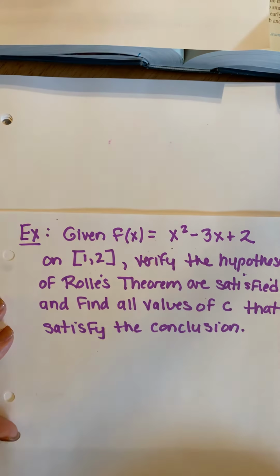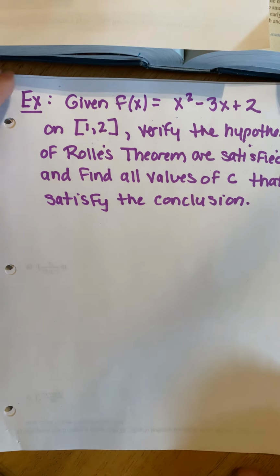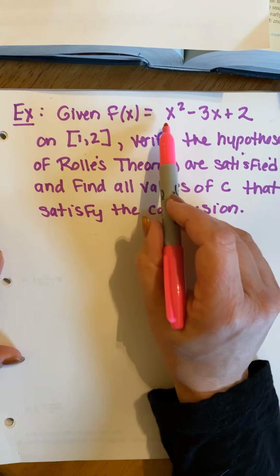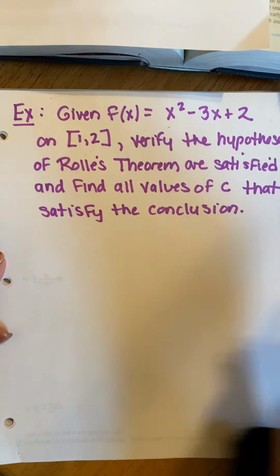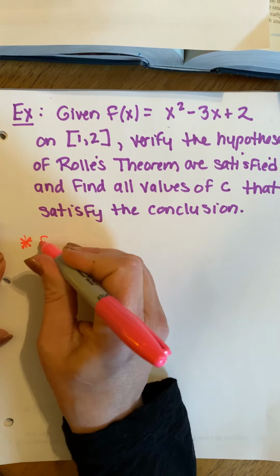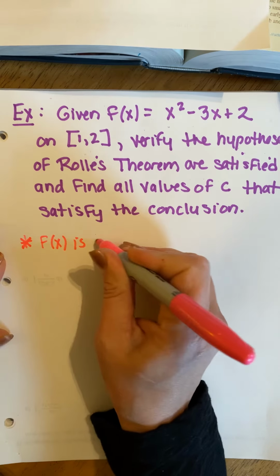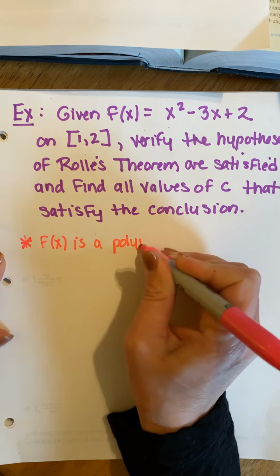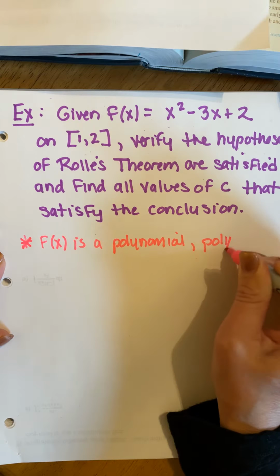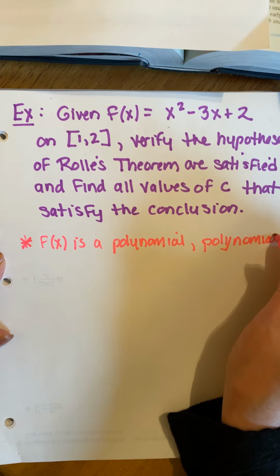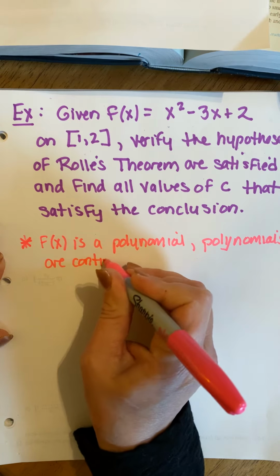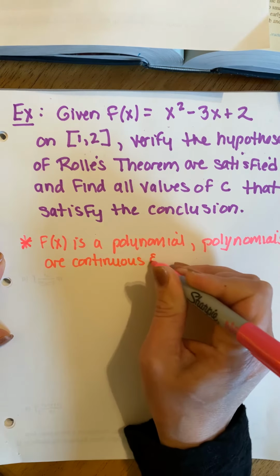All right, so the first 2 hypotheses of Rolle's theorem state that this function has to be continuous and differentiable on this interval. Well, polynomials are continuous and differentiable everywhere, so we can simply state that f of x is a polynomial, and polynomials are continuous and differentiable everywhere.